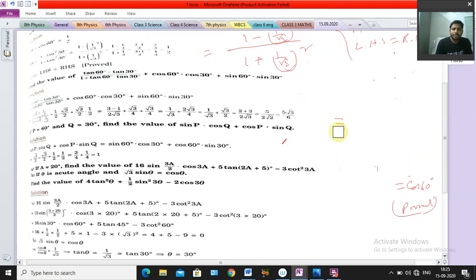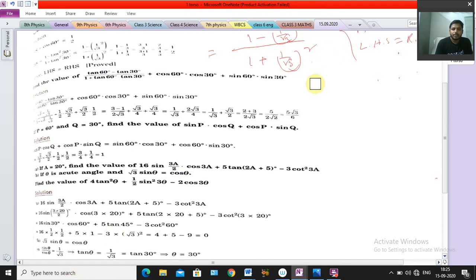Find the value of tan 60 degree minus tan 30 degree divided by 1 plus tan 60 degree into tan 30 degree, plus cos 60 degree into cos 30 degree, plus sin 60 degree into sin 30 degree. That is the question. Okay, we have to find out the value.